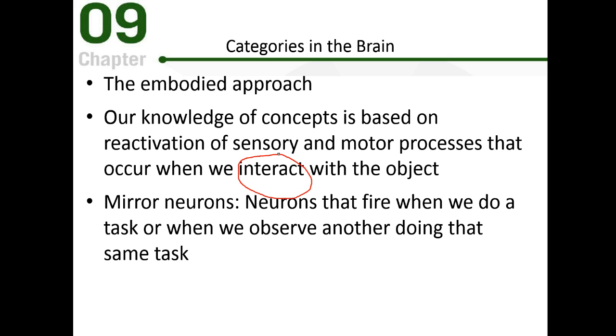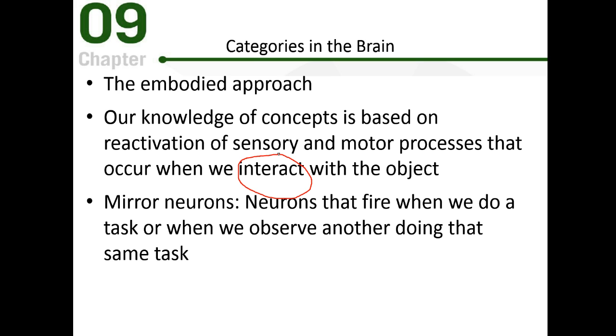For example, everything we know about mirror neurons, and you will spend time in this module doing activities related to mirror neurons. But mirror neurons are those things that fire when we do a task or when we observe another person doing that same task.